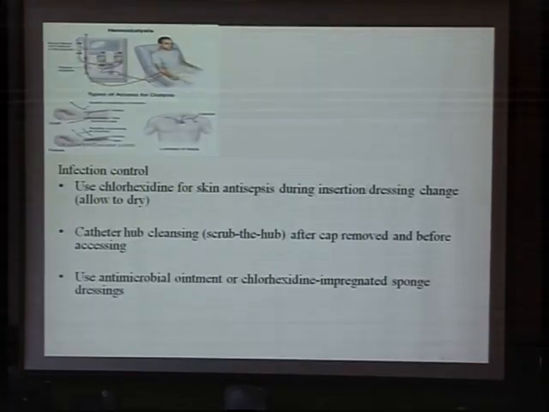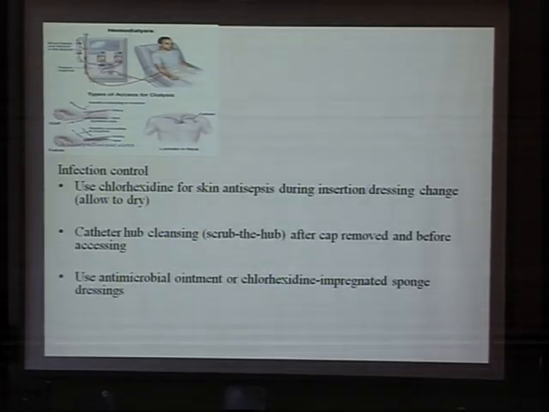This is another story, starting with how to deal with the catheter hub. Some publications say that you can moisten a swab with povidone iodine and clean the hub with the cap on. This will minimize the entrance of the organism.